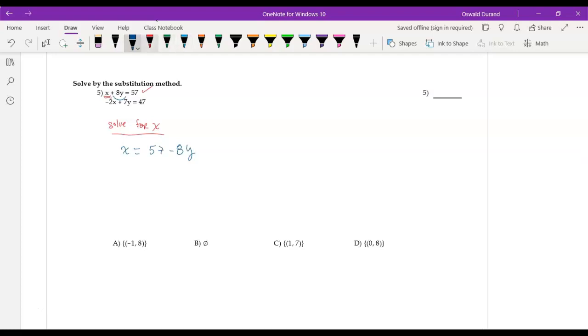Once I have done that, I'm gonna use this expression 57 minus 8y and plug it into the second equation, right here where x is.